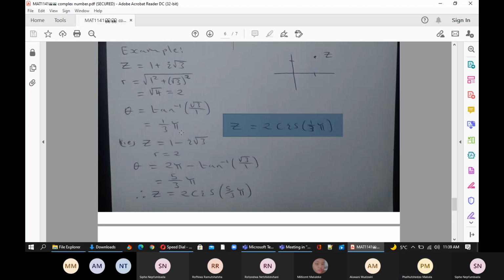Our r is the square root of 1 plus open bracket minus root 3 close to the power 2.